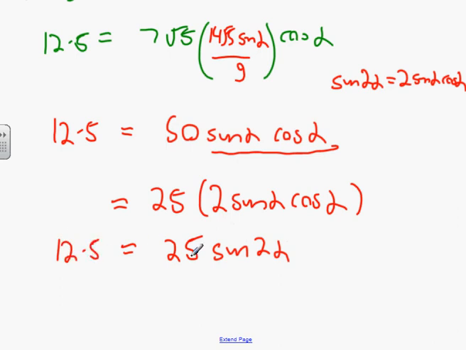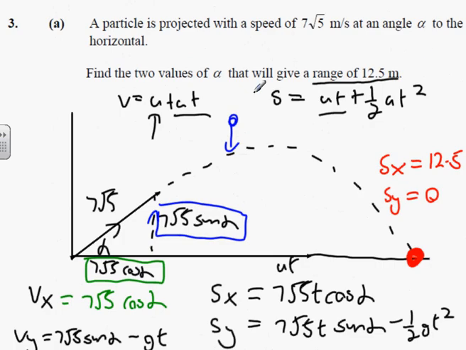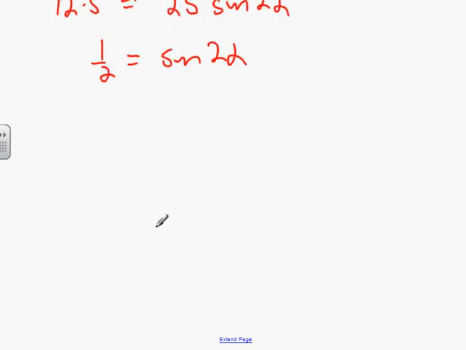12.5, divided across, sin 2 alpha equals a half. Now, reread the question. 2 values, not 1, 2 values. So please remember that 2 alpha equals sin inverse a half.